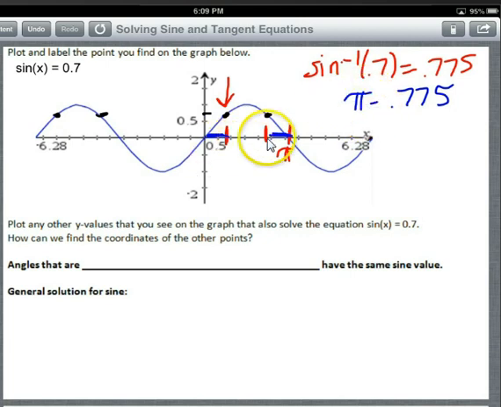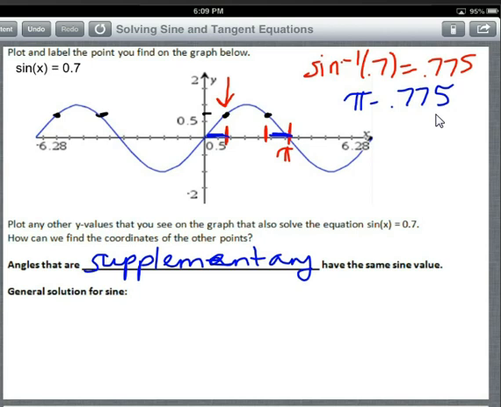So if two angles add up to 180, they're called supplementary angles. Angles that are supplementary have the same sine value. I'm not sure how to spell that, but maybe it's right.